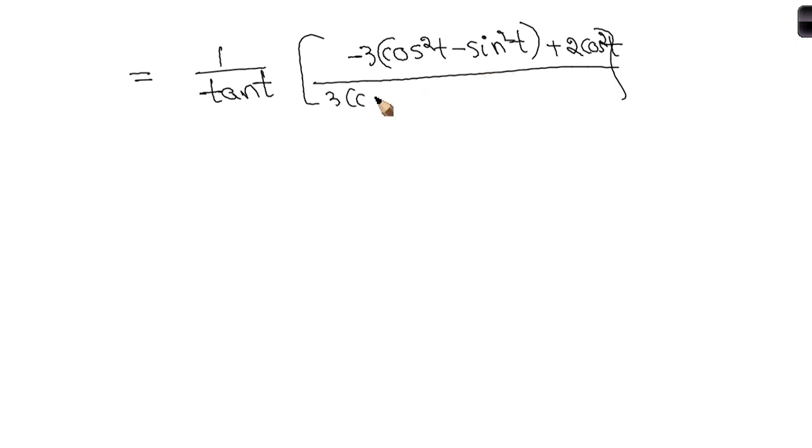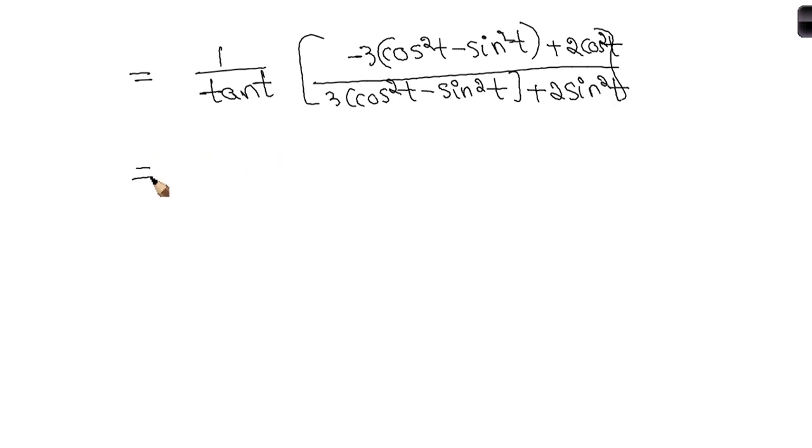Also in the denominator I have cos 2t, which is 3 times cos square t minus sin square t plus 2 sin square t. This is what we get in the denominator and that is what is in the numerator.